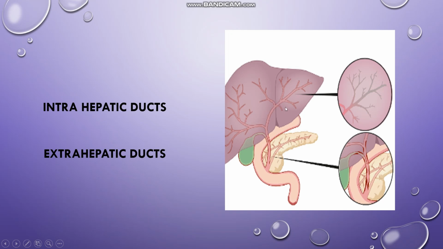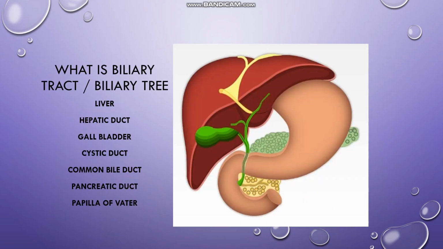And the extrahepatic ducts are a part of a network of ducts that carry bile from the liver and gallbladder to the small intestine. This is the liver, and inside the liver there are intrahepatic ducts.